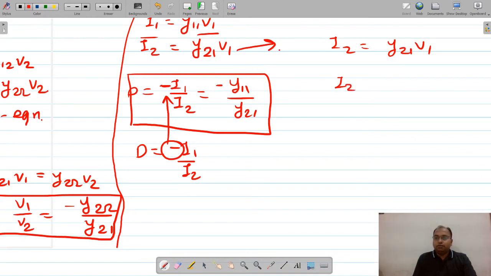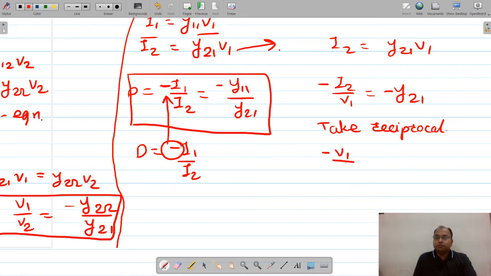First we'll find out i2 to v1, and it must have a minus sign, so multiply by minus 1. And now take a reciprocal. Wait a minute, take reciprocal. So minus v1 divided by i2 is equals to minus 1 by y21, and that is my b. That's it.